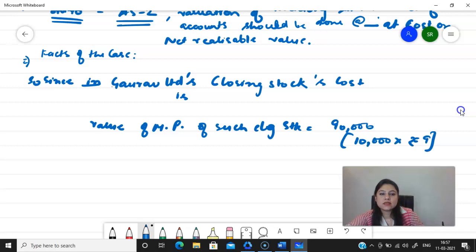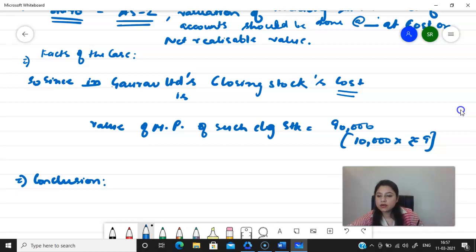Since the market value is the net realizable value, after showing this working, the third paragraph would be the conclusion, wherein you show that since the net realizable value is less as compared to the cost of the closing stock, Gaurav Limited would be showing the closing stock at rupees 90,000 as per Accounting Standard 2.